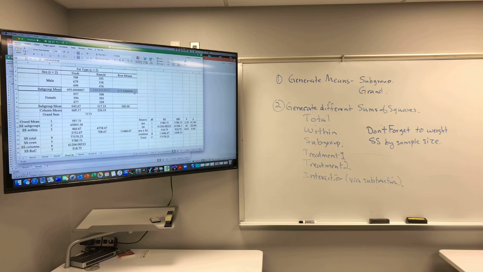I'm carrying everything out all the way, and it does it automatically. I've had it round just to make it easier to view, and so that's the difference. Okay, gotcha.